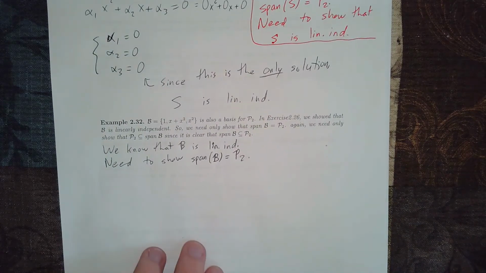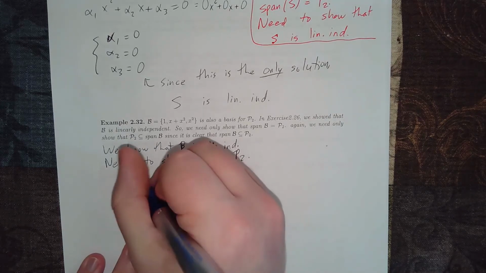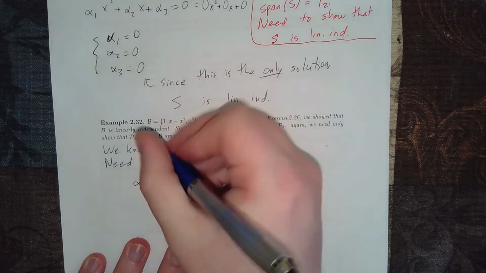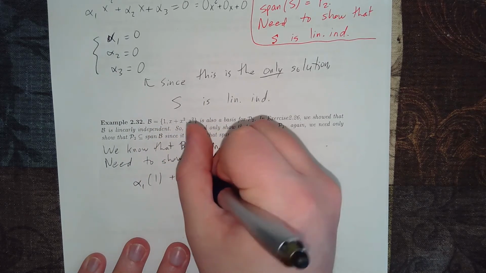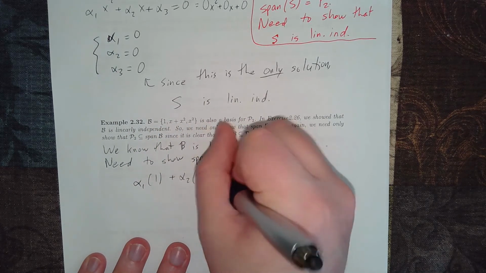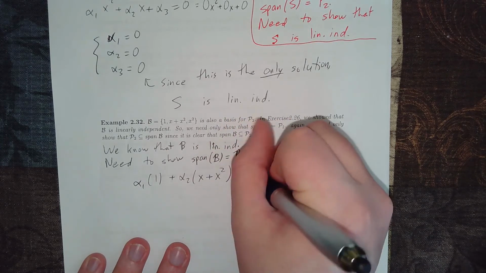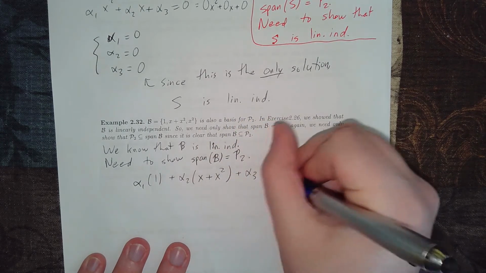So here, in order to show that, what we're doing is we're going to take alpha 1 times our first vector plus alpha 2 times our second vector, x plus x squared, plus alpha 3 times x squared.